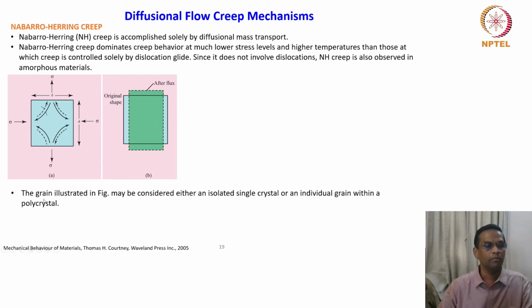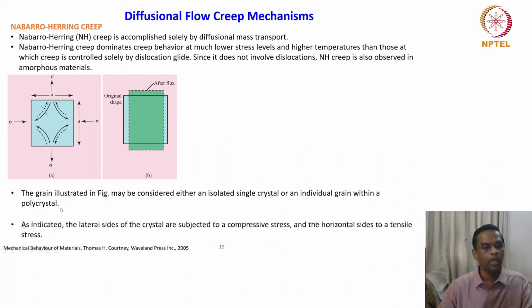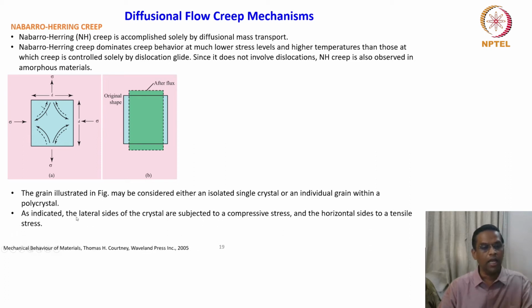So we will now describe the grain illustrated in the figure, which may be considered either an isolated single crystal or an individual grain within a polycrystal. So both are possible. As indicated, the lateral sides of the crystal are subjected to a compressive stress, and the horizontal sides to a tensile stress.